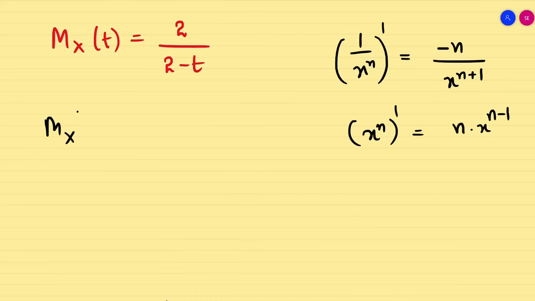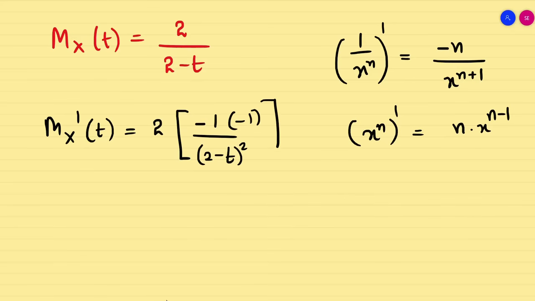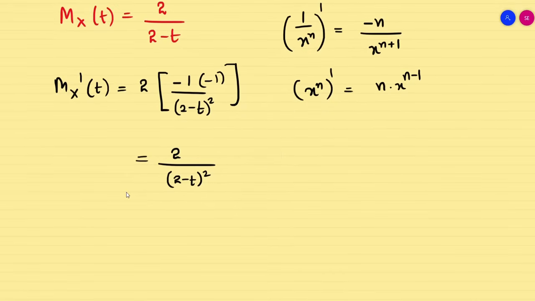So now Mx dash of t: 2 is constant, it looks like 1 by x. 1 by x differentiation is minus 1 by (2 minus t) whole square, and 2 minus t differentiation is minus 1. So it is going to be 2 by (2 minus t) whole square. This is one of the ways.